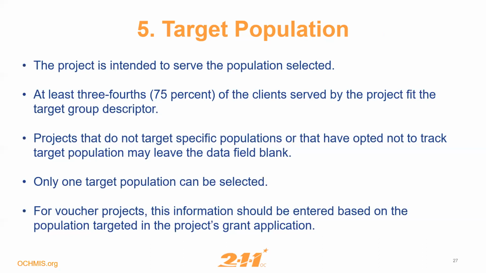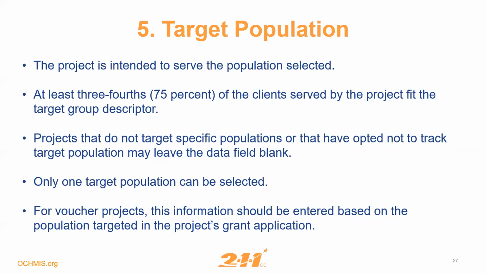If it just so happens that you often have 75% of your project clients fit the descriptor of people who have survived domestic violence, but your project isn't intended to serve domestic violence survivors, then you should leave this field blank. You should only select an option here if your project is specifically intended to serve a target population, and you should only select one target population.